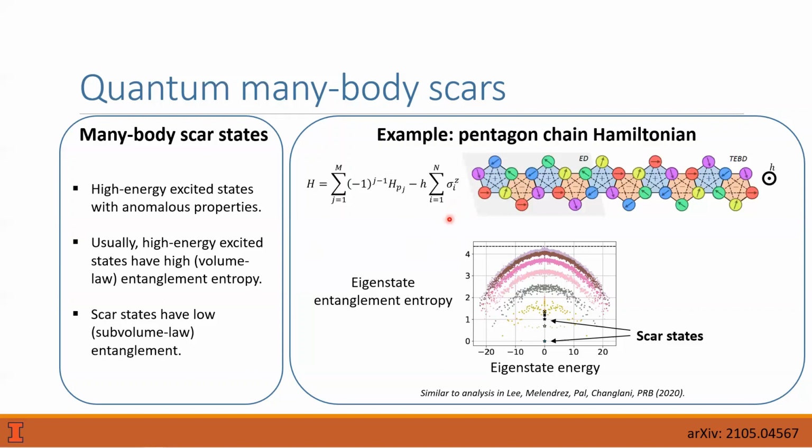It's hard to know with a chain Hamiltonian, but the other states on the same Hamiltonian don't have this property. We just chose a chain because it's easy to do numerics on it, but these scar states should exist in all different lattices, in arbitrary dimensions.